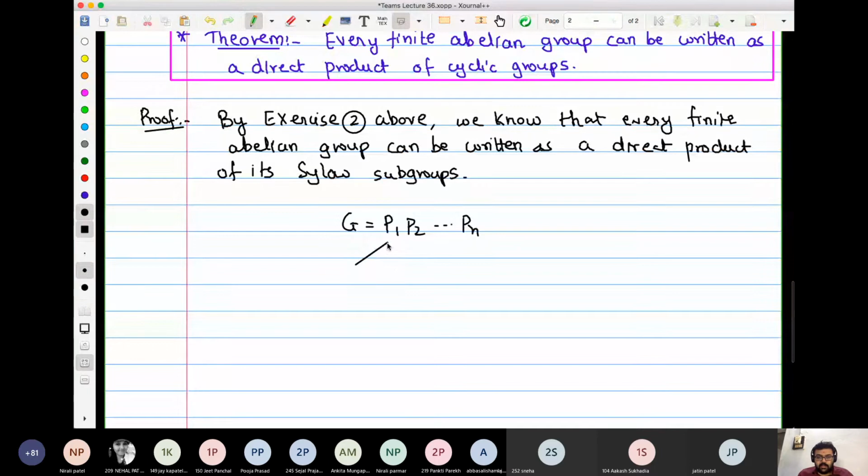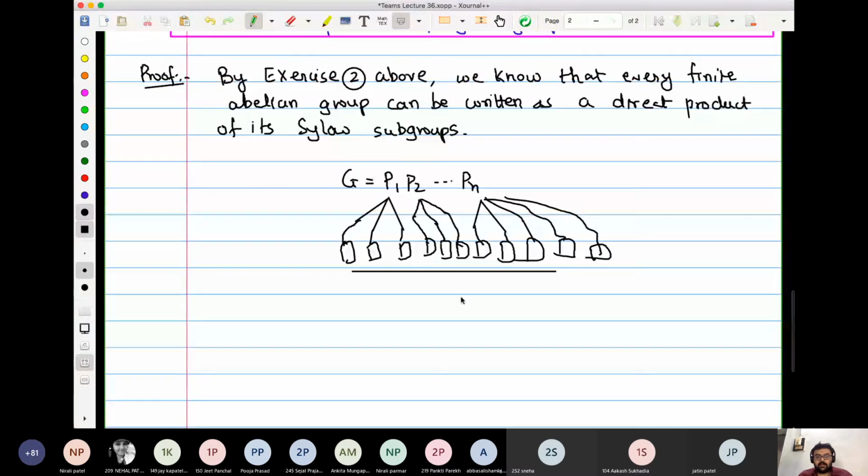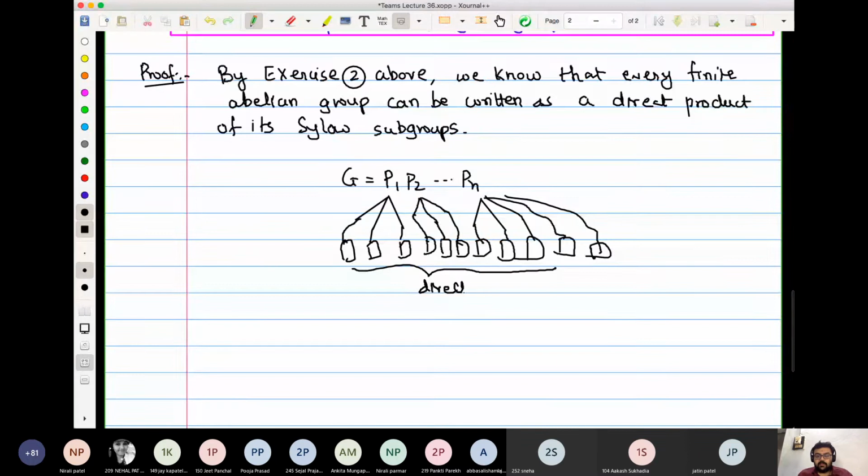Now if we show that each of these can be written as a direct product of cyclic groups, then we have G written as a direct product of cyclic groups. Is it clear? Suppose each can be written as a direct product of some cyclic groups, like this. Then G is nothing but a direct product of cyclic groups.